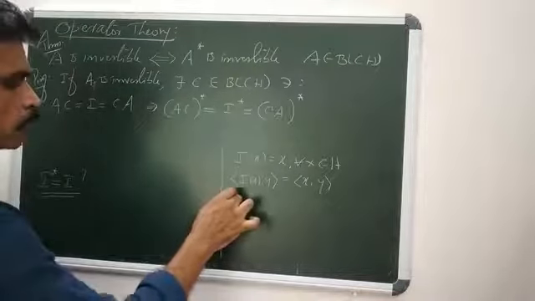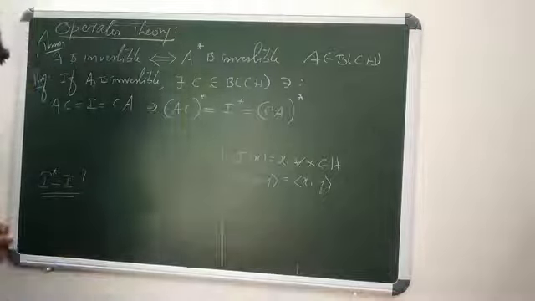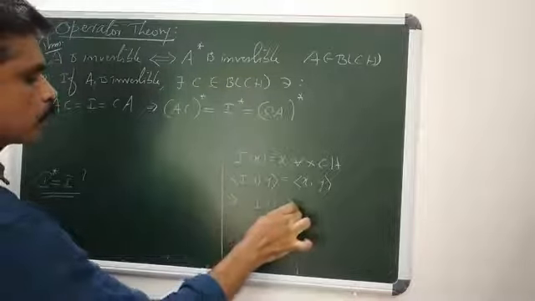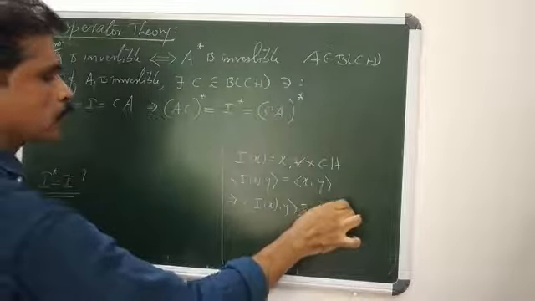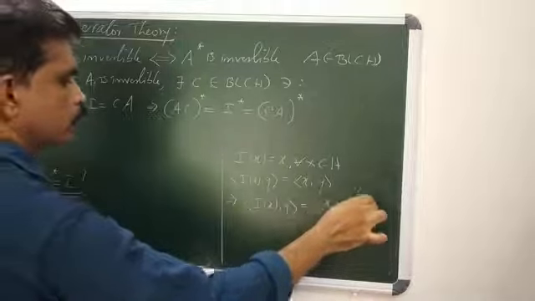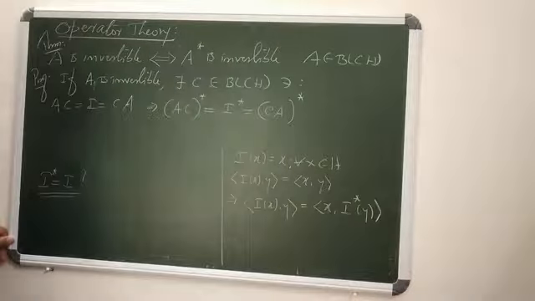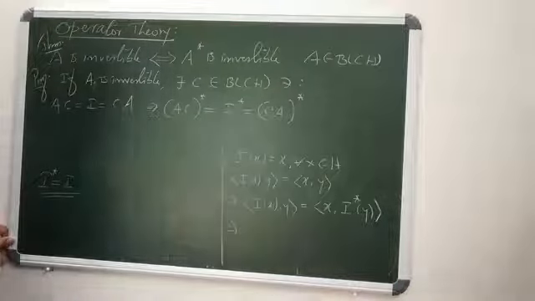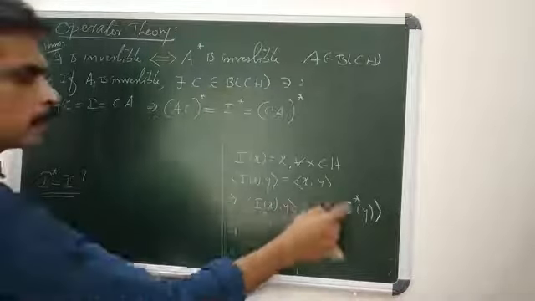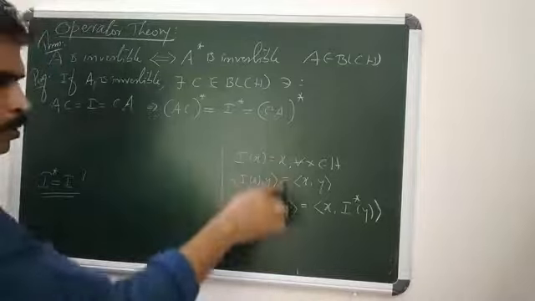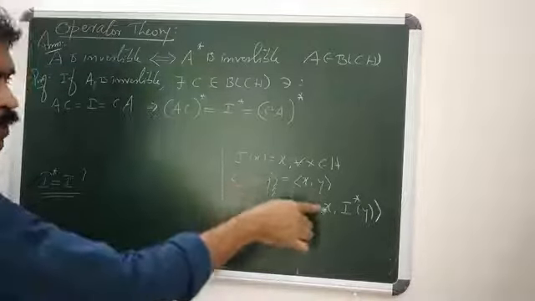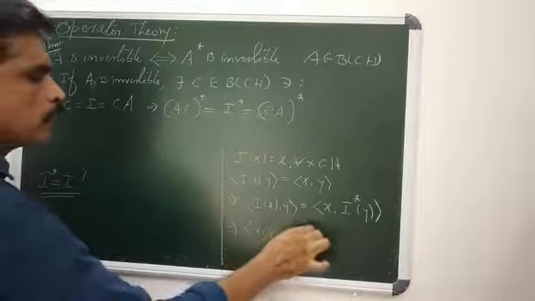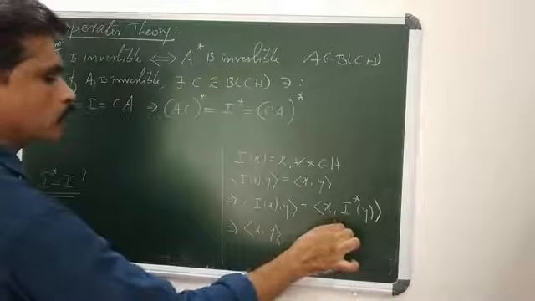The inner product of Ix and y equals the inner product of x and I star y. So the left sides are equal, and the right sides are also equal, that is, the inner product of x and y equals the inner product of x and I star y.